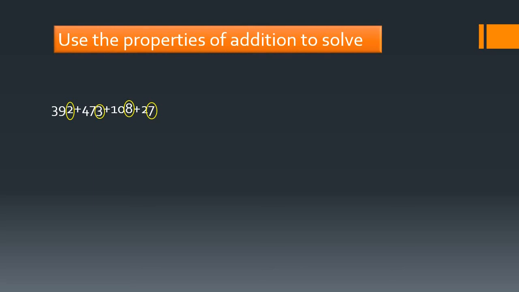So I move 108 to be next to 392 and then move 473 to be next to 27. So 392 plus 108 plus 473 plus 27, and that's called commutative property.